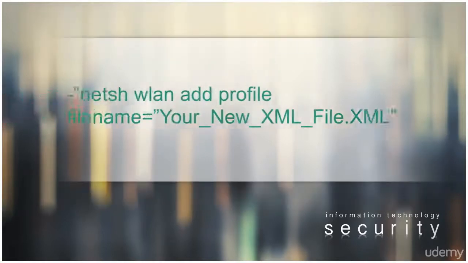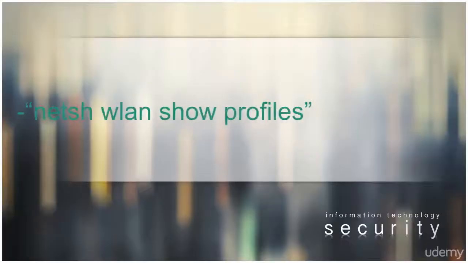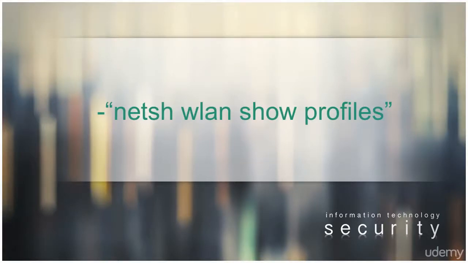Right, so grab the XML from your FTP and use netsh wlan add profile filename=your_new_xml_file.xml. Now to load the profile to your Windows machine, that's what you need to do. After that, you can use netsh wlan show profiles to read the passwords in plain text.